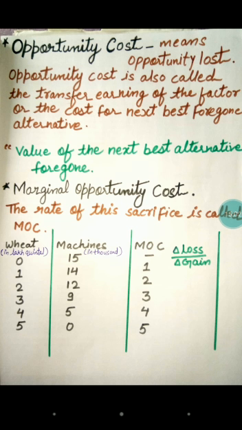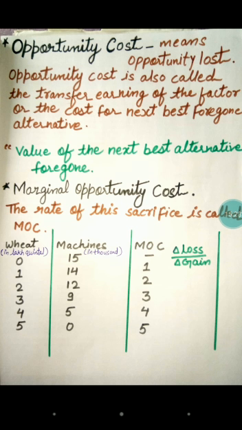Again we move from 12 to 9, so we are losing 3 and gaining 1, so our MOC is 3. Again from 9 machinery to 5, we lose 4 and gain 1, so 4 divided by 1 is 4. Again we lose 5 to 0, 5 upon 1, that is 5.